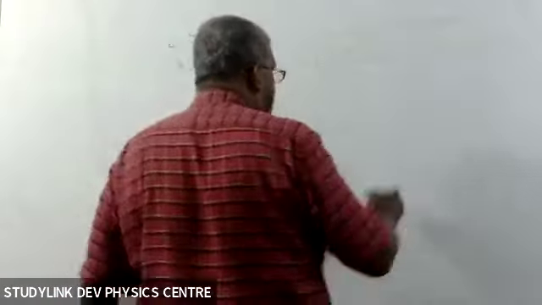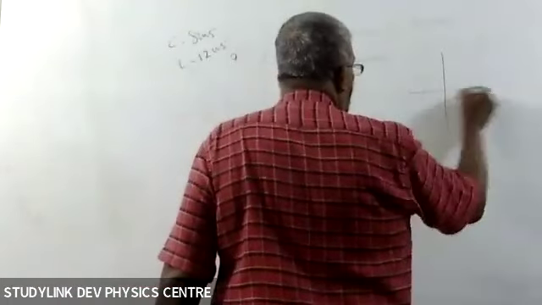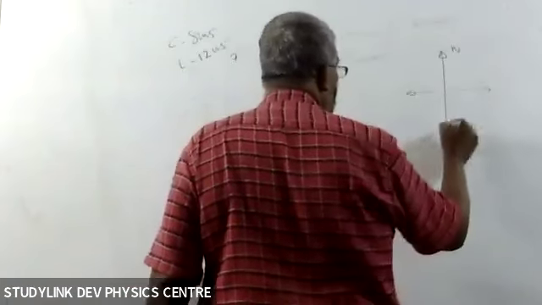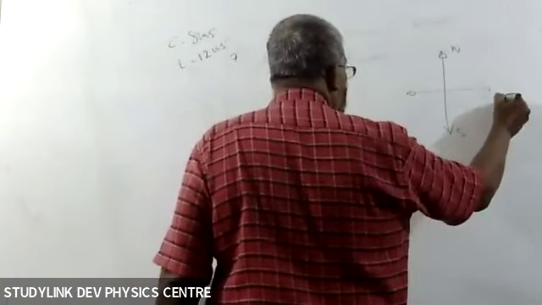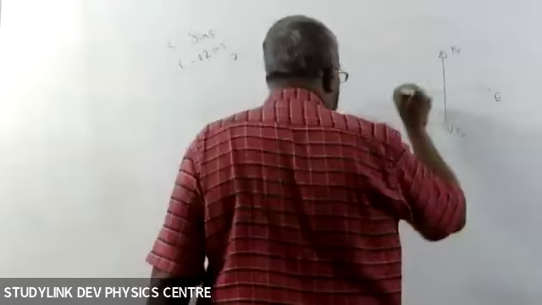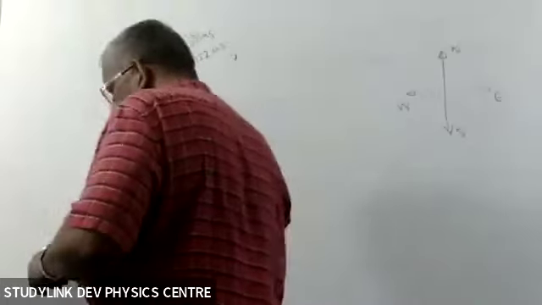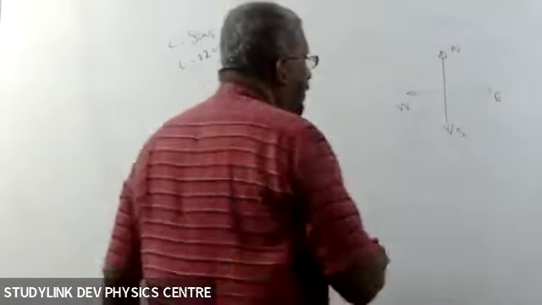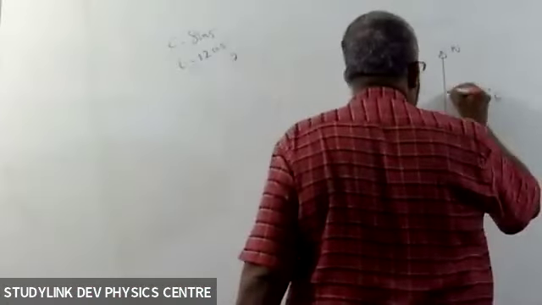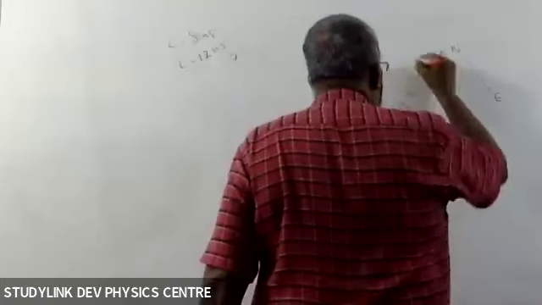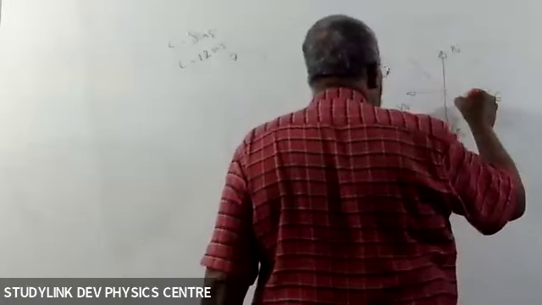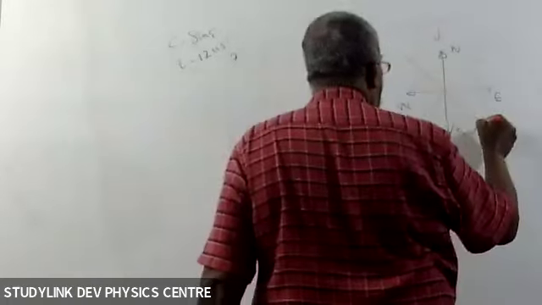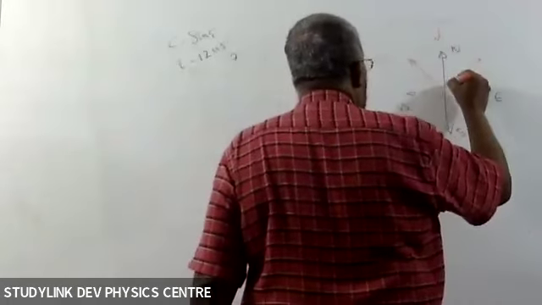Now you should remember the directions. This is north, this is south, east, west. If the inclination is 45 degrees from this main direction, then there are another four directions.